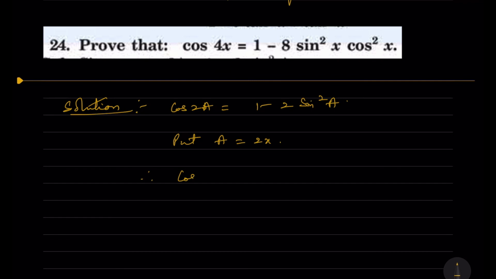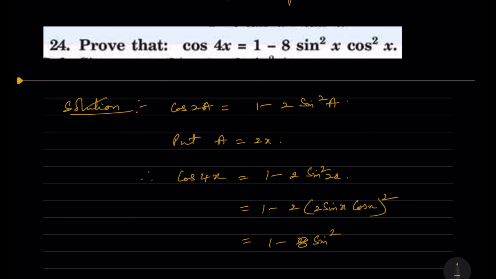Therefore cos 4x is equal to 1 minus 2 sin square 2x, which is equal to 1 minus 2 into (2 sin x cos x) whole square, which is equal to 1 minus 2 into 4, means it becomes 8 sin square x cos square x.